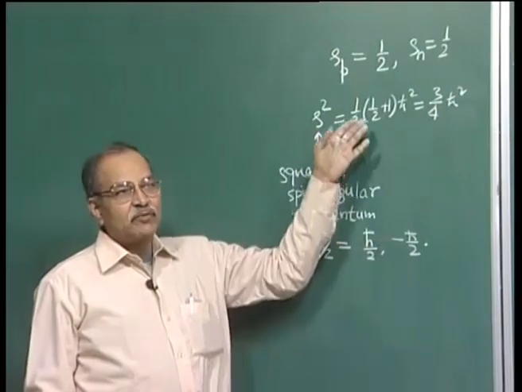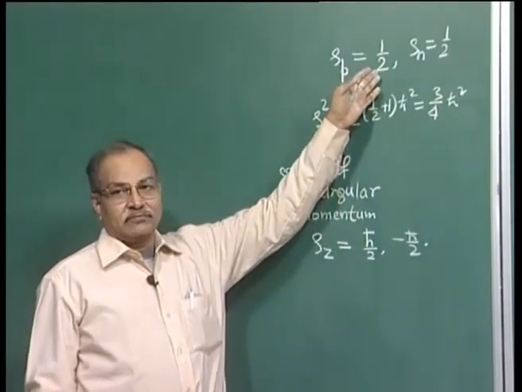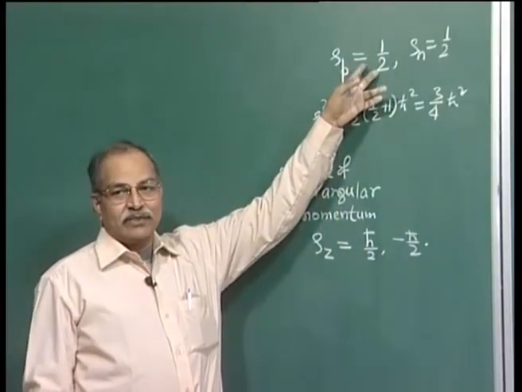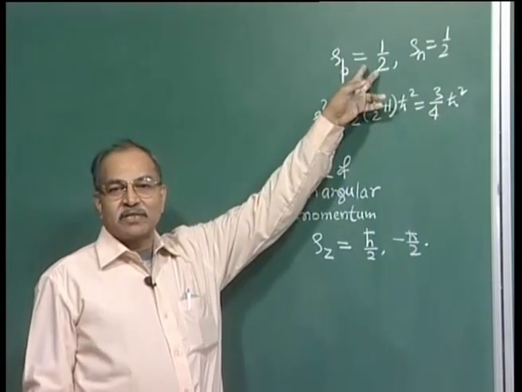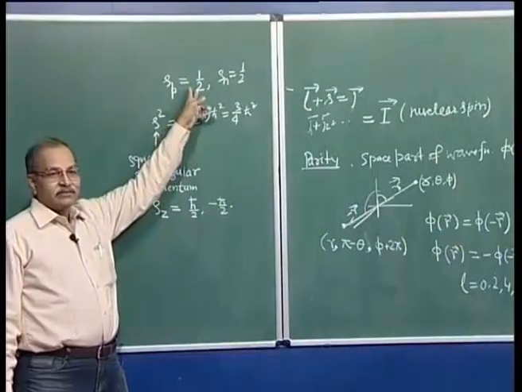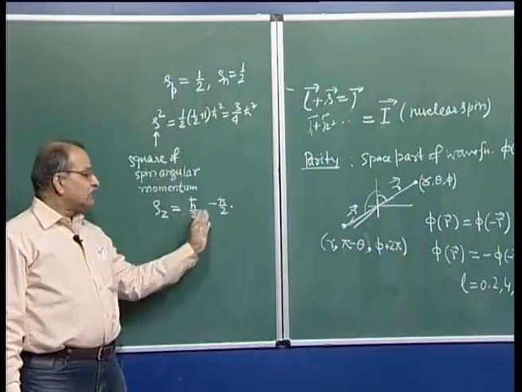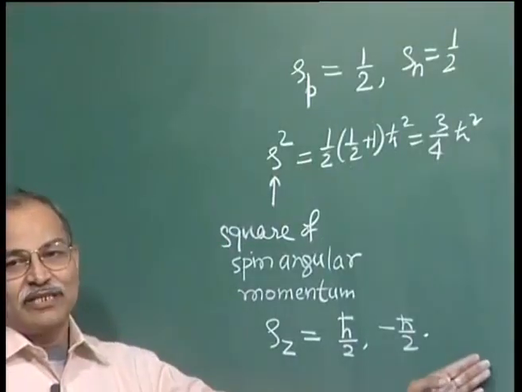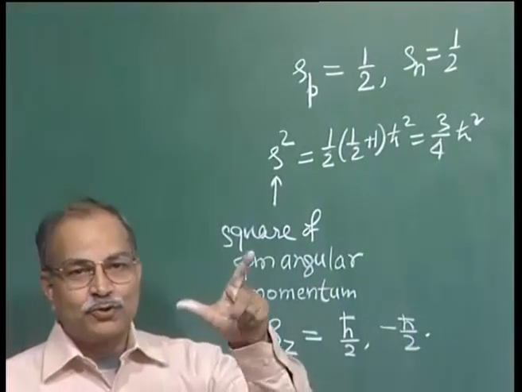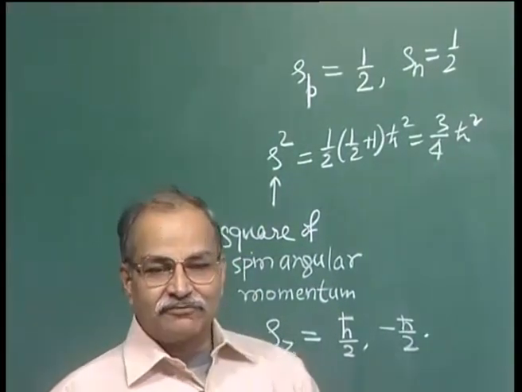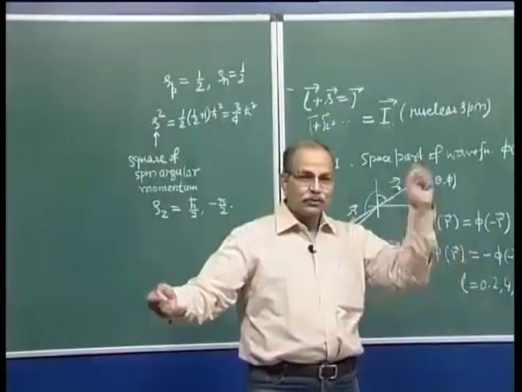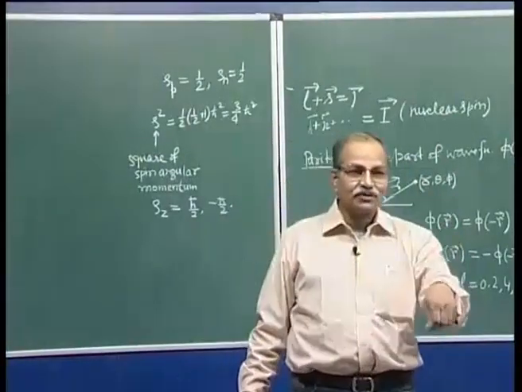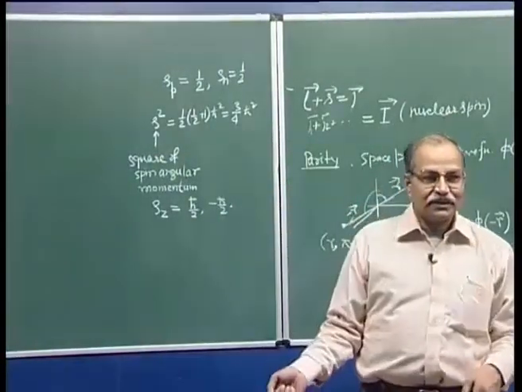For orbital angular momentum also, if small l is 1, orbital angular momentum quantum numbers are always integral, then it can have three values, 1 into h cross, 0 into h cross, minus 1 into h cross. If L is equal to 2, then it can have 5 values, 2 into h cross, 1 into h cross, 0 into h cross, minus 1 into h cross, minus 2 into h cross.